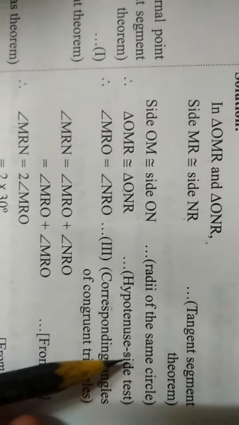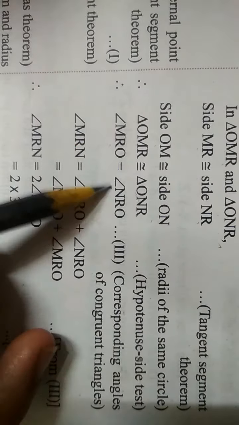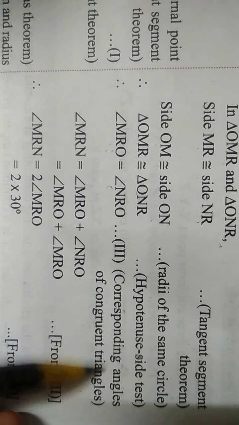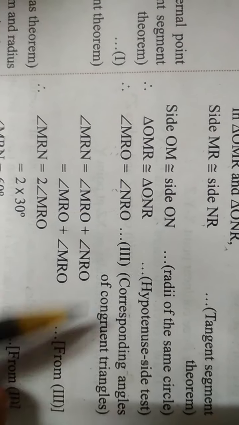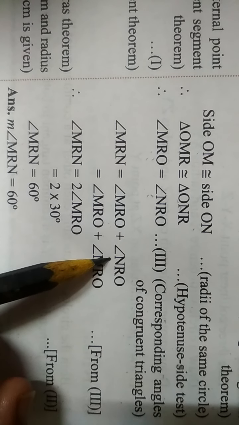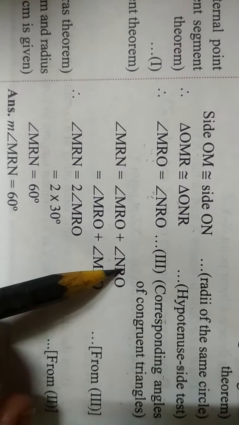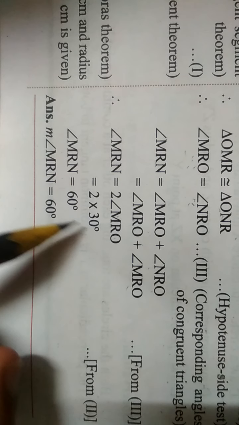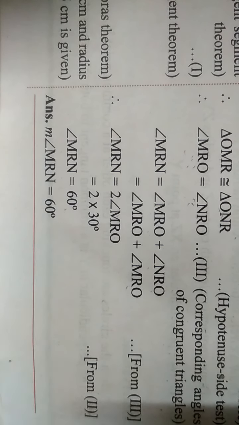So if these two triangles are congruent, that means these two angles are congruent, because corresponding angles of congruent triangles are equal. Then angle MRN equals angle MRO plus angle NRO. So here we can write 2 MRO because these two angles are the same. So in place of NRO, we can substitute MRO. So 2 multiply 30, that is 60 degrees.